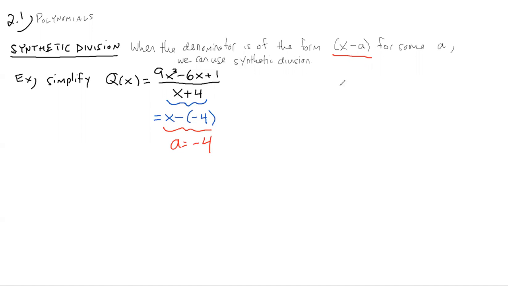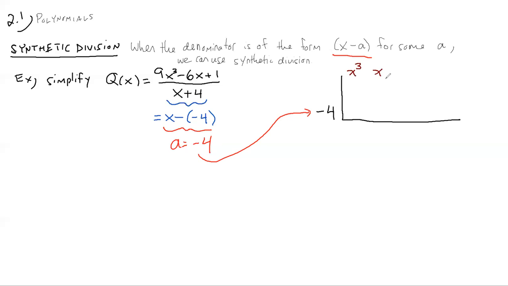So what we're going to do with synthetic division is set up this sort of L here. And what we'll do is write the a value on the left side. And then what we're going to do is list the coefficients of the powers of x. And you do want to be really mindful, it should go in this sort of descending order. So we should have the x cubed.